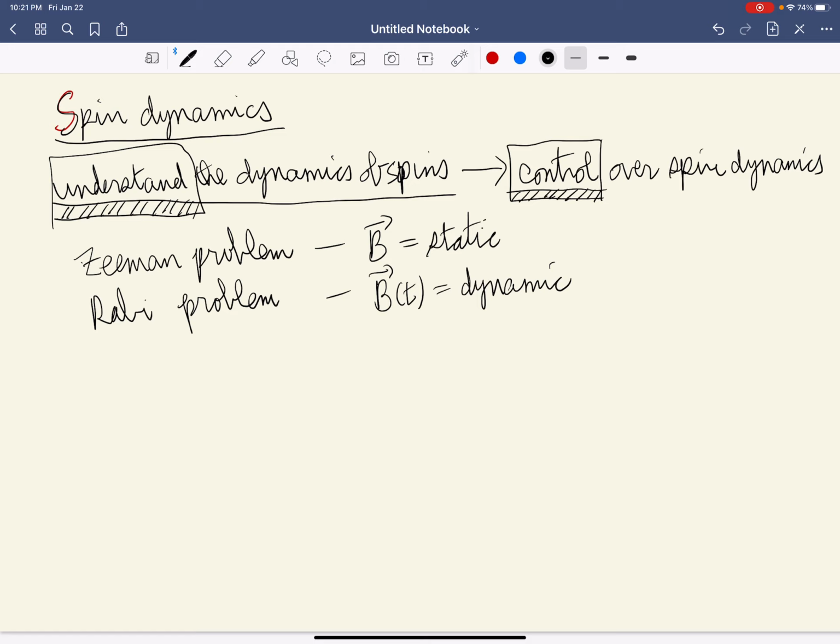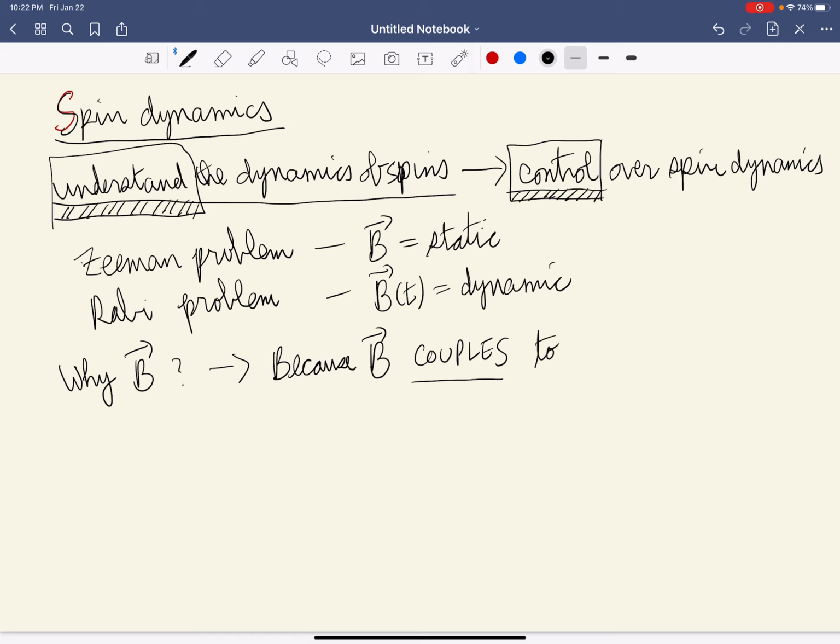Okay, so why are we suddenly talking about the magnetic field? Well, the reason is because it is the magnetic field which couples to the spins. So here's some particle, most likely an electron, and an electron has spin half.